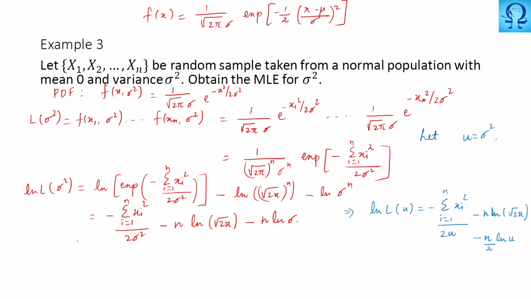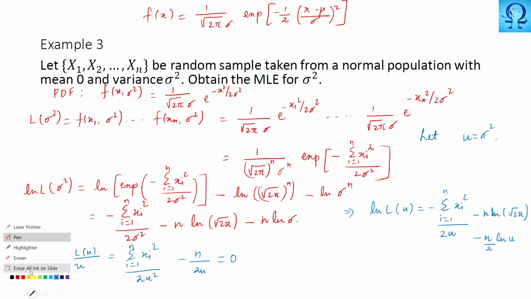Now you perform the differentiation. That is del log L of u upon del u, because we need to differentiate with respect to sigma square. So in this case, this is summation i runs from 1 to n xi square divided by 2u square. And this term, when we differentiate, is 0 since it does not involve u, and minus n upon 2u. This has to be equated to 0.